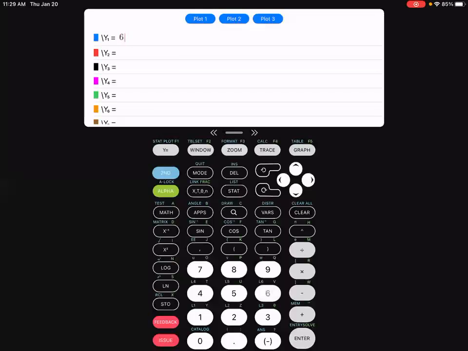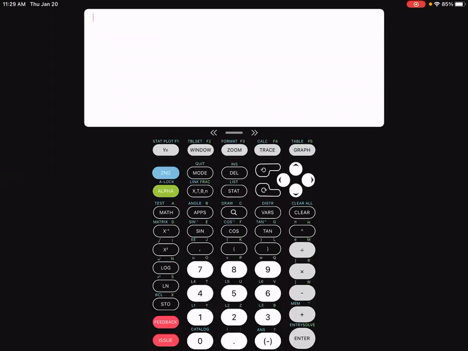Please go to y equals and type in 6 minus x squared. So this is what we're gonna do. I'm gonna type in 1/5 times the quantity. I'm gonna call up our function value at 1.